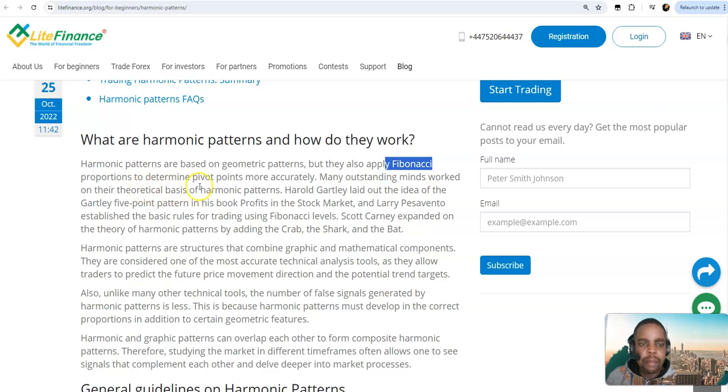Proportions to determine pivot points more accurately. Many outstanding minds worked on the theoretical basis of harmonic patterns.